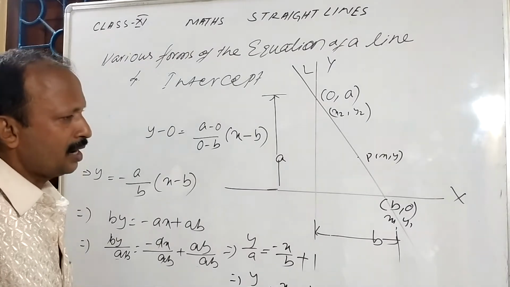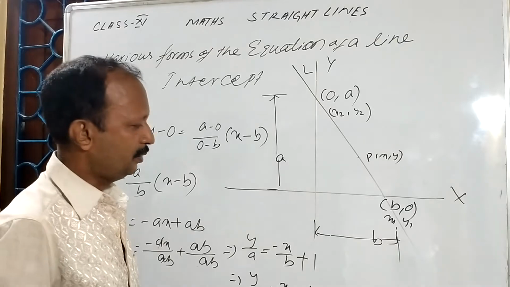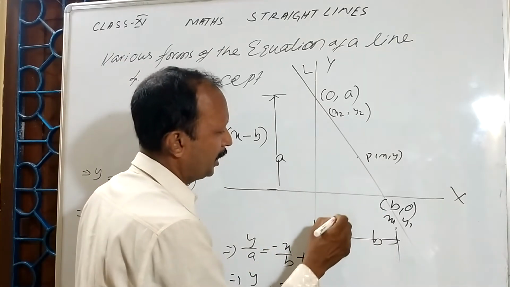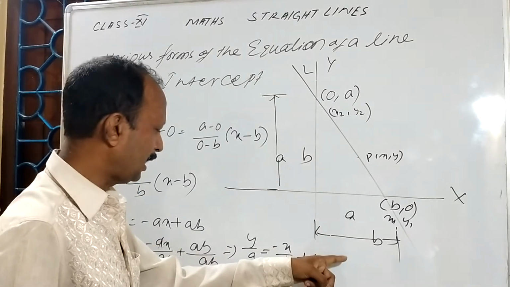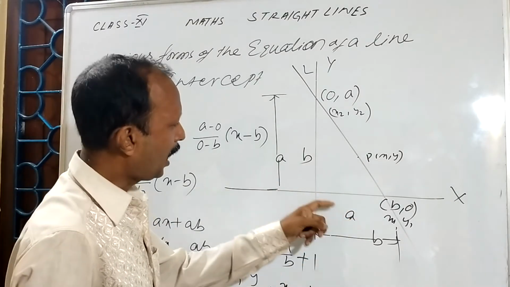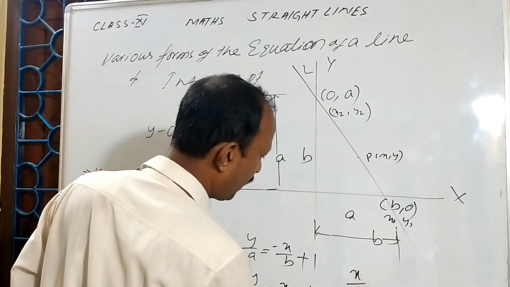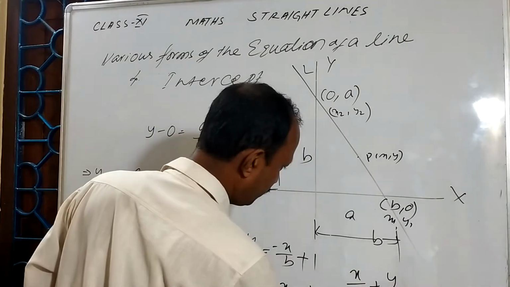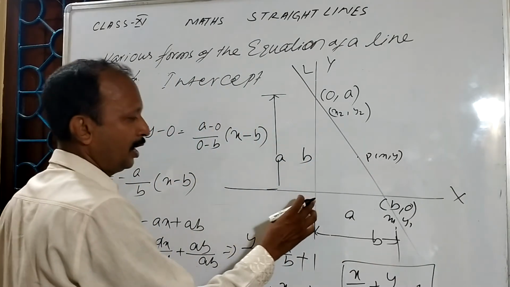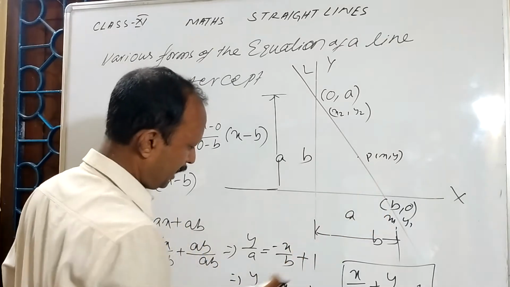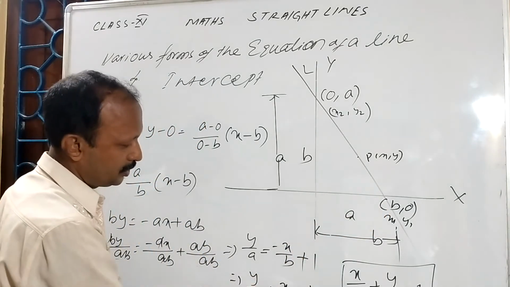Okay, children, generally in your NCERT book, this distance is taken a, this distance is taken b. If I take like that, this is a and this one is equal to b, then the equation will be x by a plus y by b is equal to 1. Okay, so I have taken here is the b, that's why I got x by b, y by a is equal to 1.